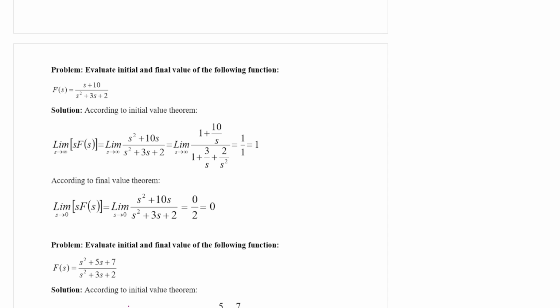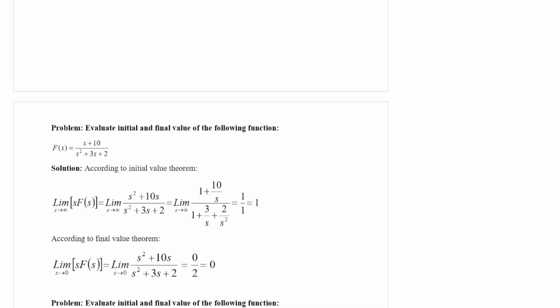So let us first solve the problem which is based on the initial value theorem and final value theorem. The initial value theorem is: limit t tends to 0 f(t) is equal to limit s tends to infinity s into F(s).